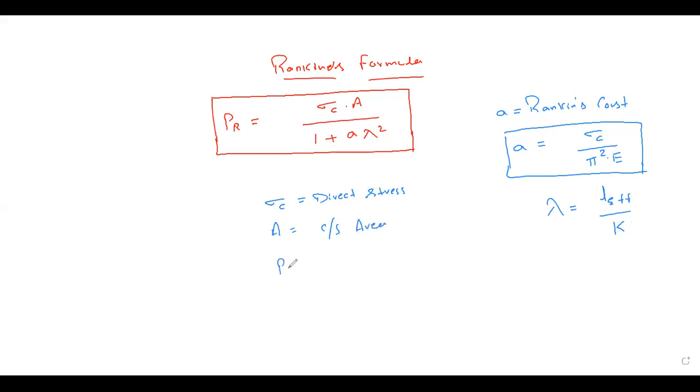So PR is equal to the crippling load. The crippling load is nothing but a combination of both direct load plus buckling load, right?